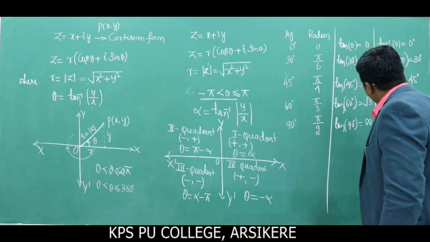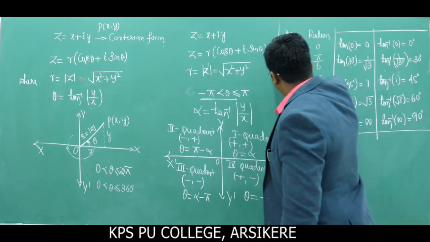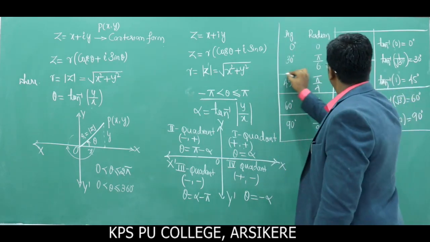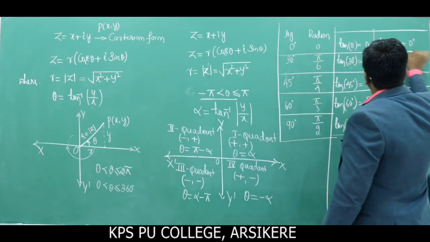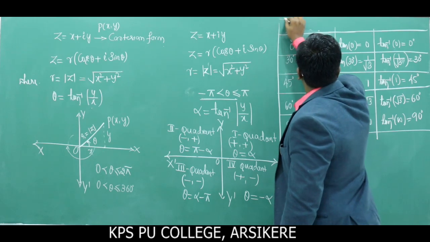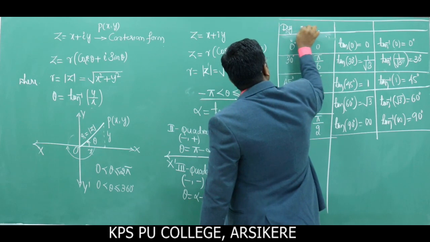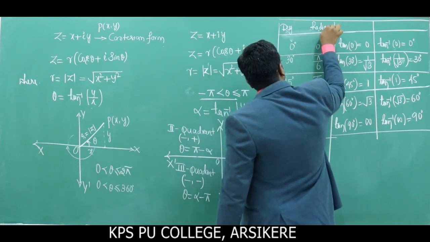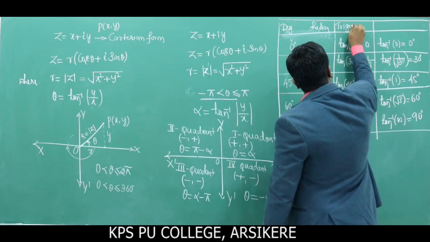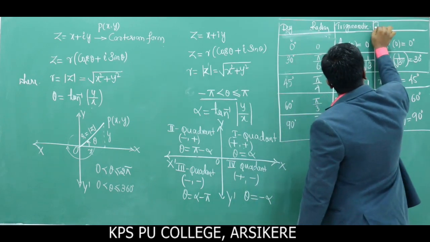So this is very important. Please take it as a note. This is the degree system, this is the radian system, and these are trigonometric and inverse trigonometric values.